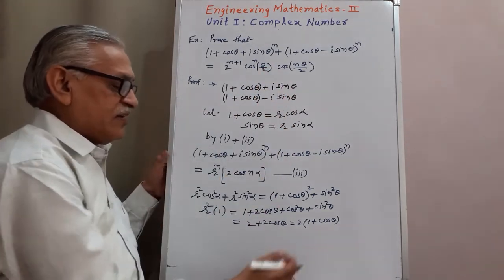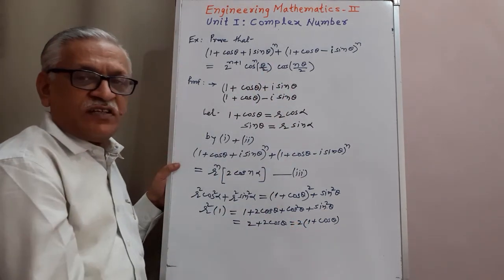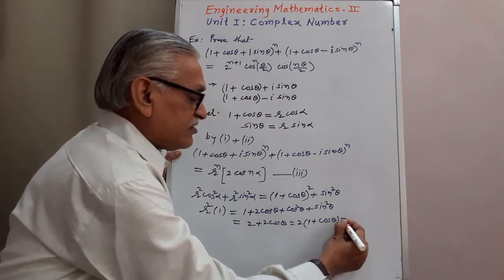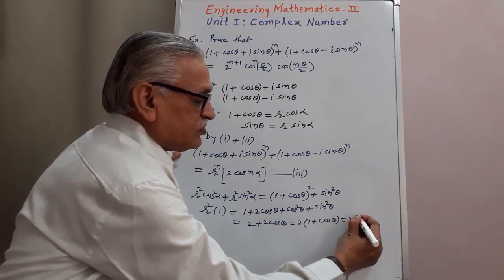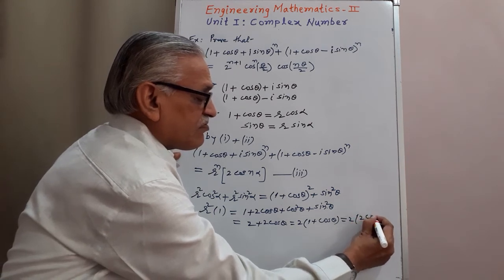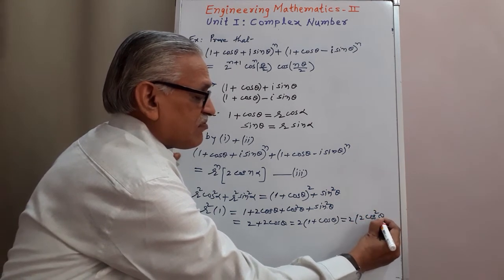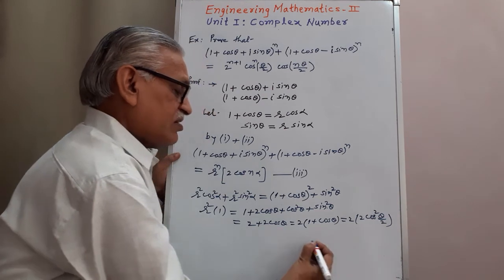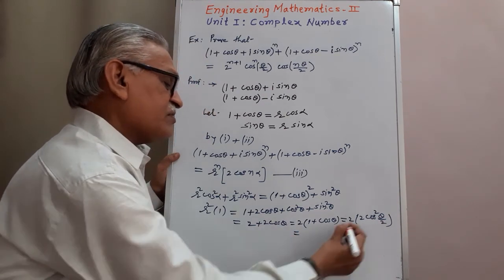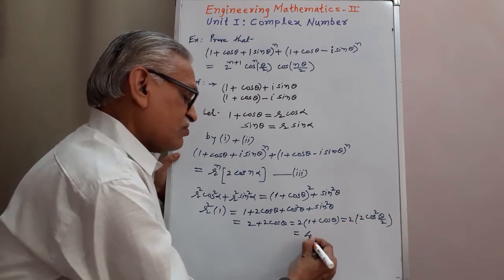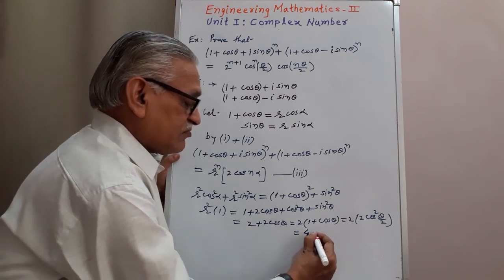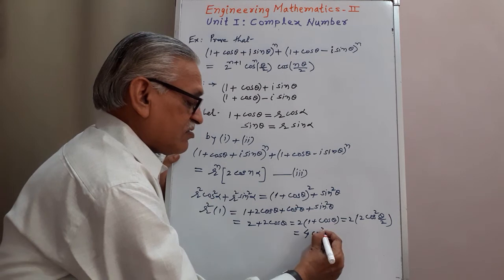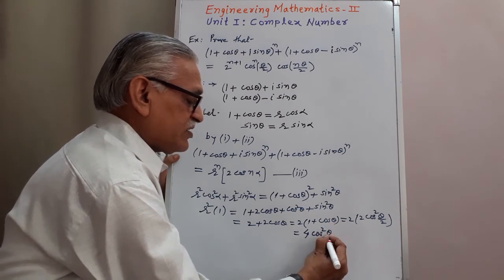In terms of half angle, 1 + cos θ is 2 cos²(θ/2). Therefore r² = 4 cos²(θ/2).